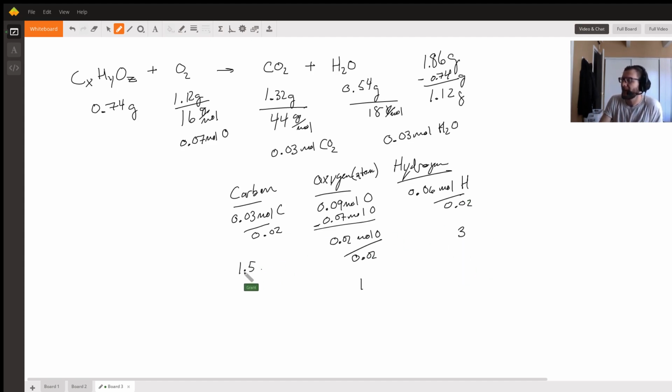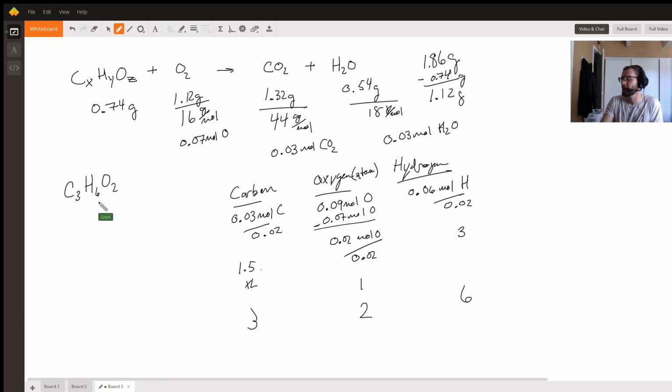Obviously we can't have 1.5 carbons, so we have to multiply everything by 2. Carbon becomes 3, oxygen becomes 2, and hydrogen becomes 6. So our empirical formula for this problem, which happens to be our molecular formula as well, is C3H6O2.